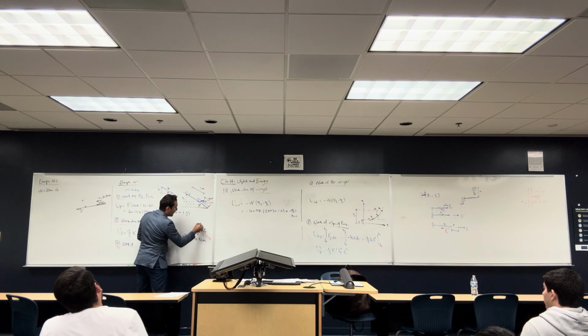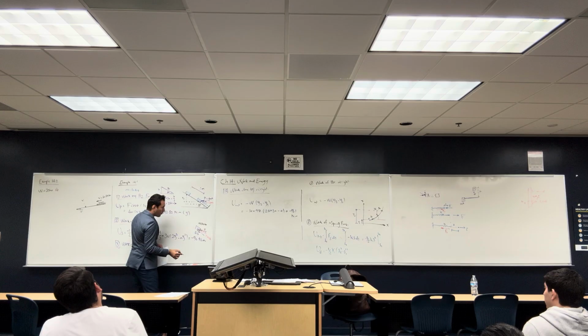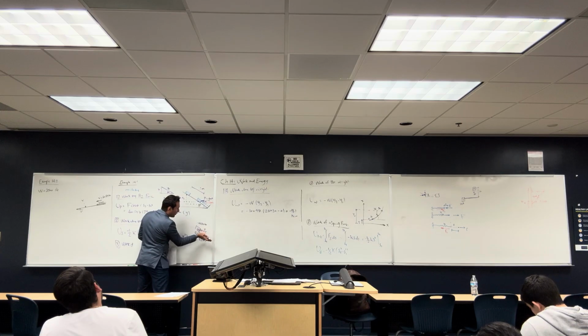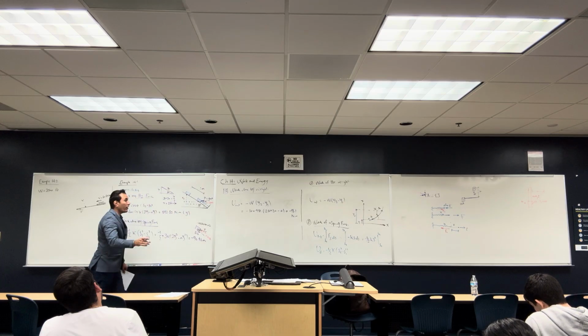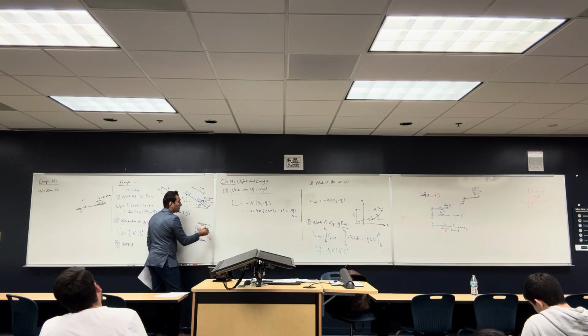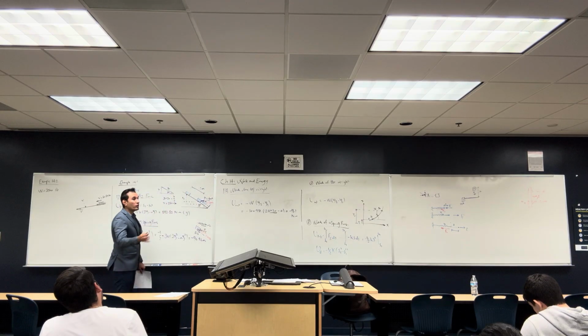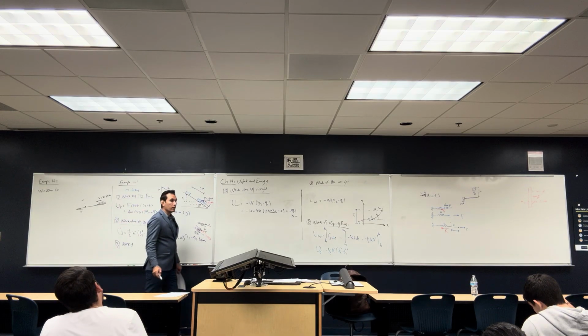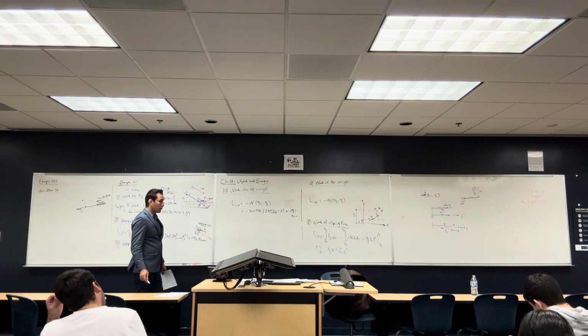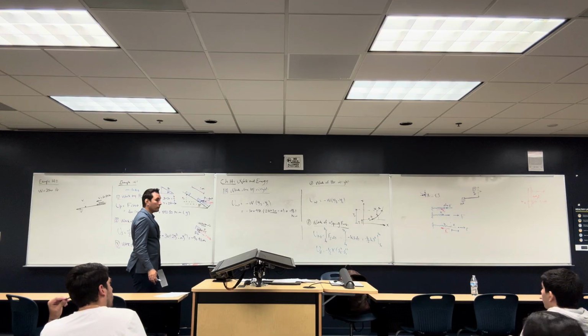So I got the weight multiplied by cosine 60, and that's the weight in the opposite direction of the motion, like the motion is that way and the weight is going down, and this is going to multiply by the 2. Cosine 60 is the same as sine 30, they have the same value. So both are right.